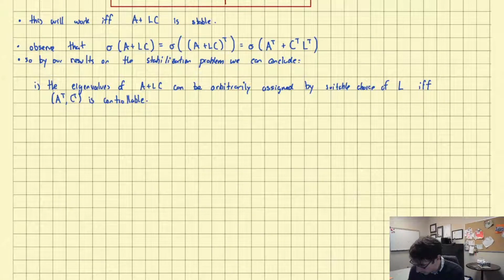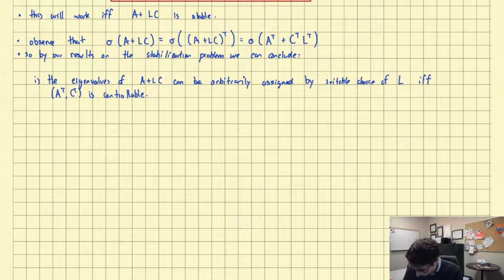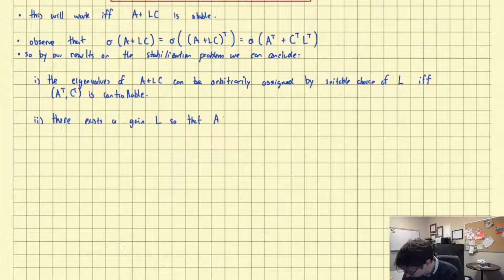Okay. Similarly, there exists a gain L so that A plus LC is stable if and only if A transpose C transpose is stabilizable.